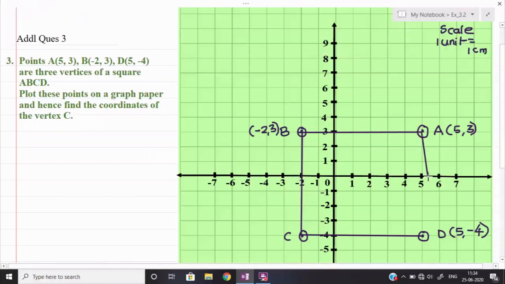If I ask you, can I say that it is a square? If I verify the property, can I say that yes, it is a square? Definitely we can say it is a square. I will show you how we can say it is a square.